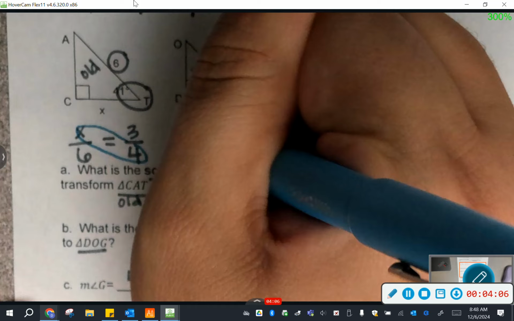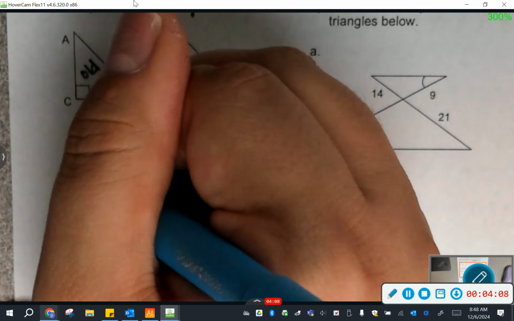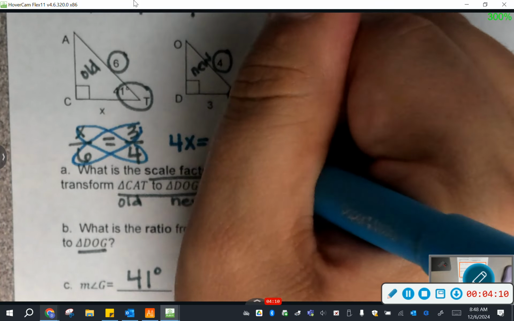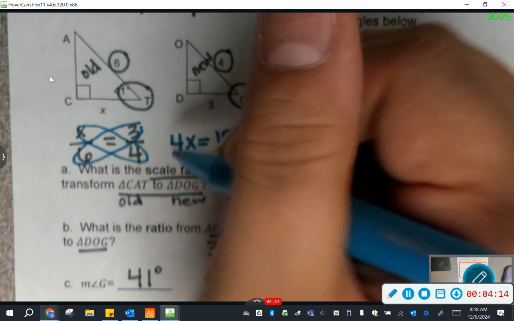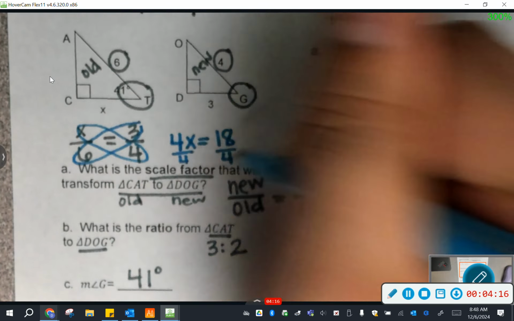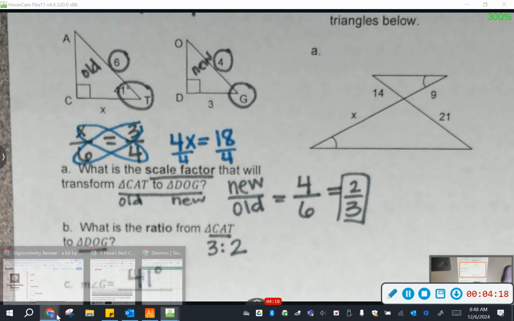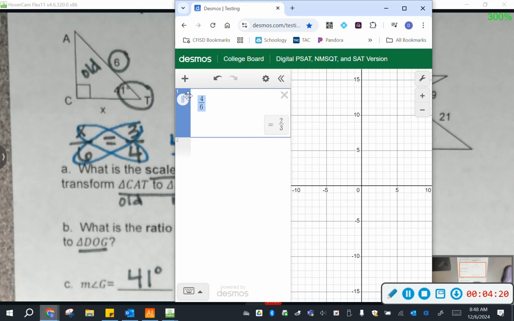That's going to give me 4X equals, what is 6 times 3? 18. How do I get X by itself? Divide by 4. And 18 divided by 4 is 9 over 2, or I'm fine with you writing 4.5.